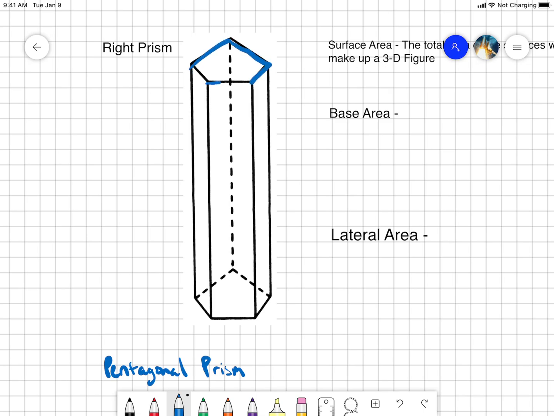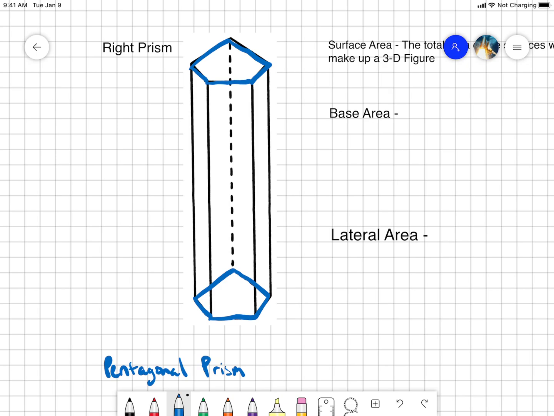So here we have my base up here. And my base down here. Now you'll notice that there are dotted lines on here. I don't know if you guys have ever seen a 3D representation. Those dotted lines mean that those lines are there, but we just can't see them.